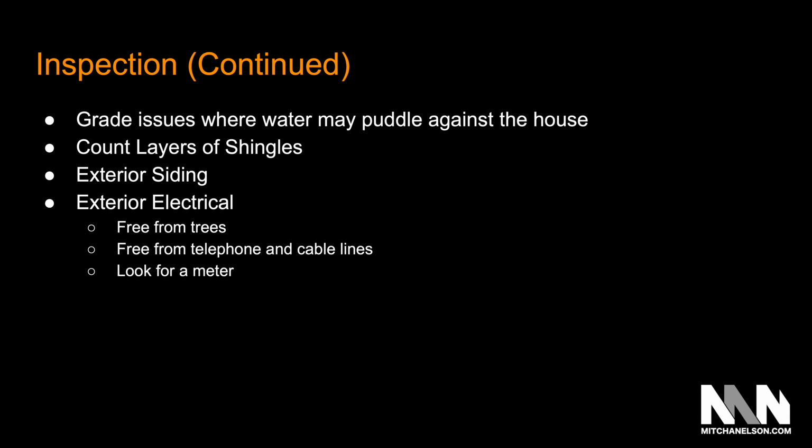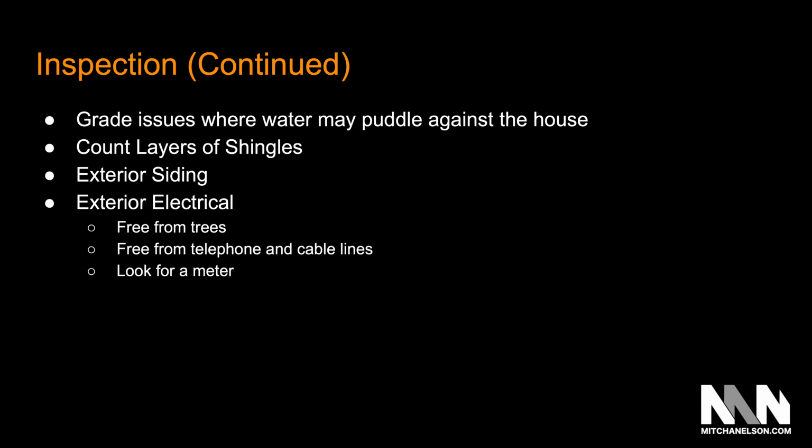The plywood that's underneath the siding is not enough to keep those elements out of the house. The siding is usually designed with that job in mind. So make sure that it looks good, that there's no cracks, that there's no breakage. That's going to be important. And if there is, you need to be aware that that's something that you're going to have to fix in your fix and flip process.